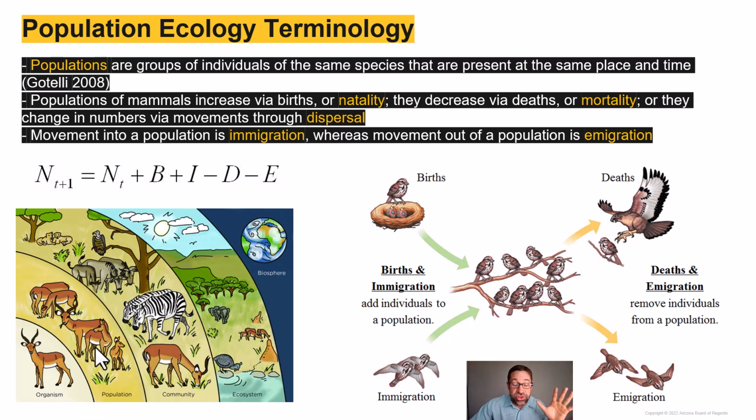A population, of course, is just a group of individuals of the same species that occupy the same place at the same time. And we recall from our general biology class that two individuals are considered the same species when they're capable of interbreeding and producing viable, fertile offspring. That's the biological species concept.